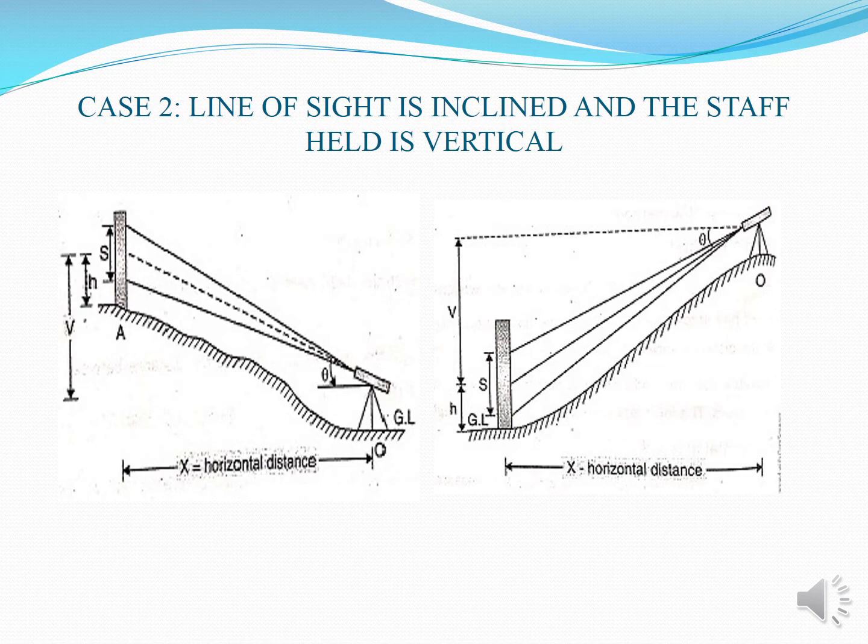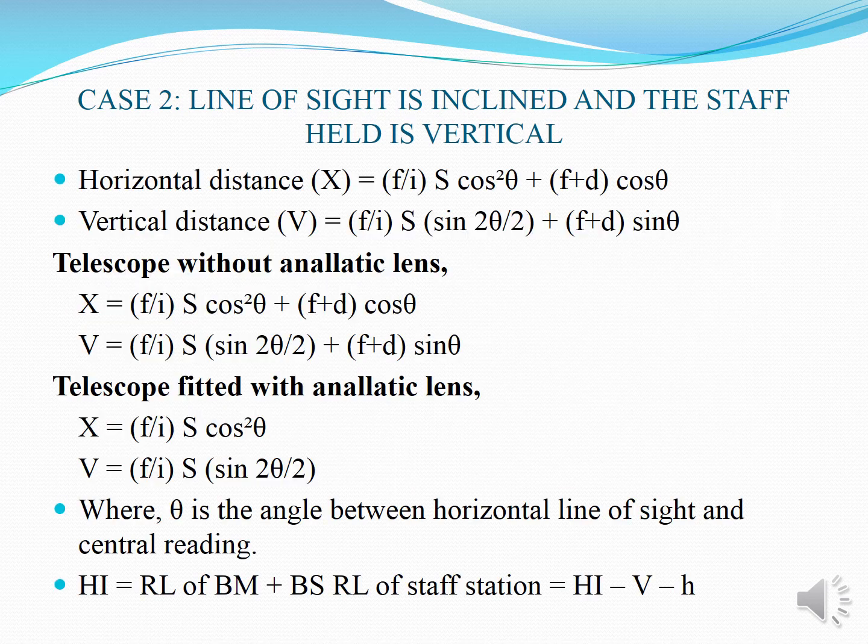Capital V means the vertical distance from the horizontal line of sight to the central or middle crosshair reading. And for both the measurements, vertical and horizontal distances, we use this tachometric formula.